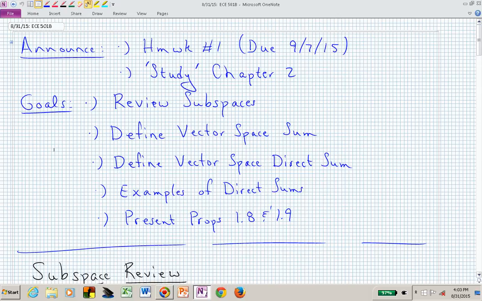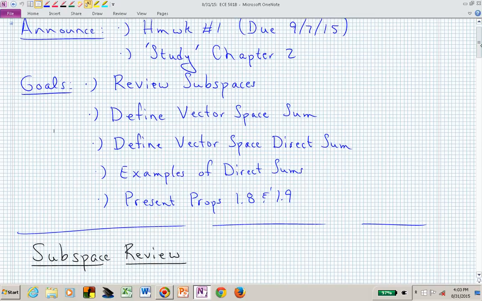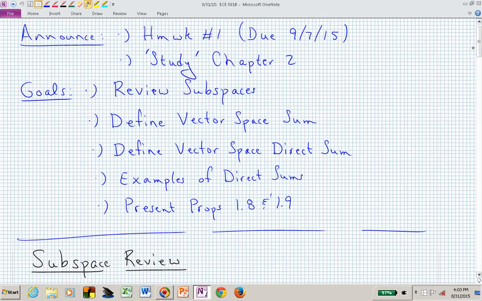Today what I want to do is pick back up where we left off by reviewing subspaces. Then we will define what's meant by a vector space sum in contrast to union of sets. Subspaces are different from sets.